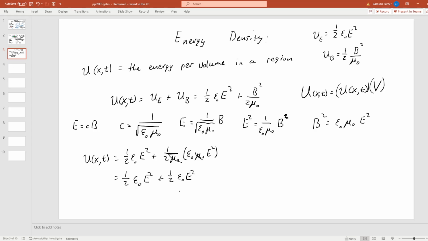So what this expression is telling you, this is the energy density of your electric field.